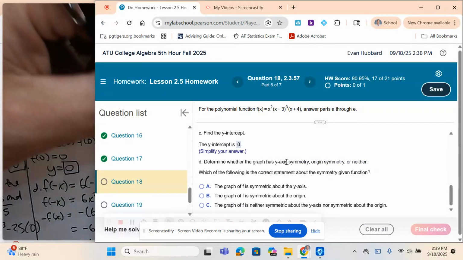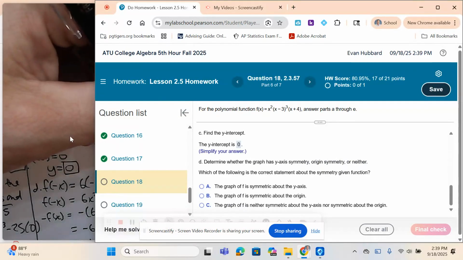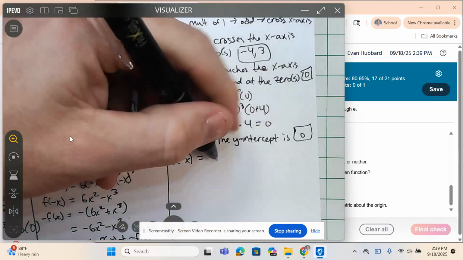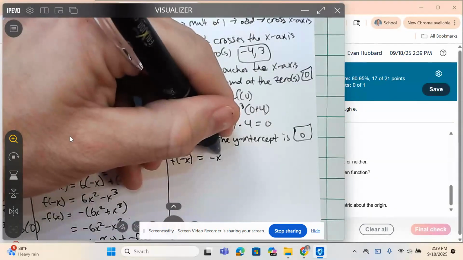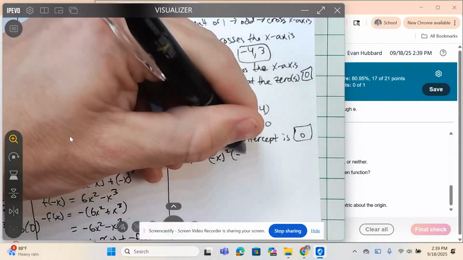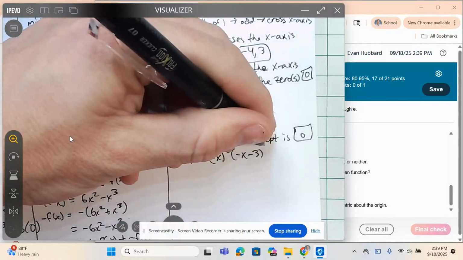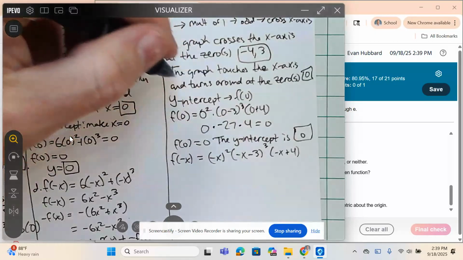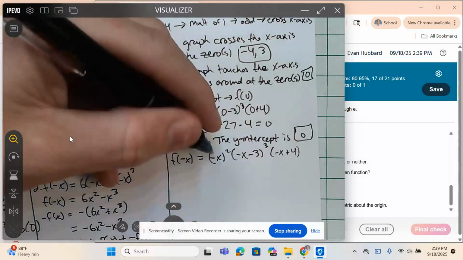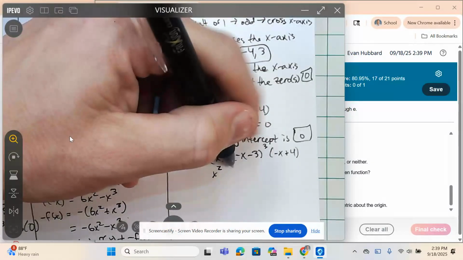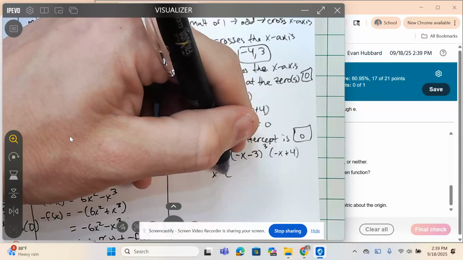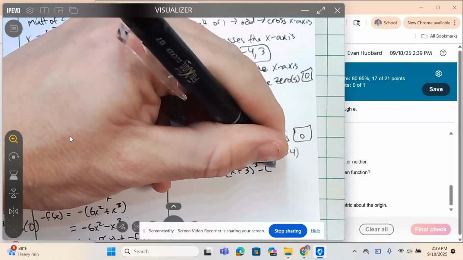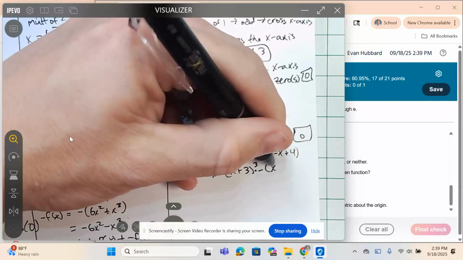All right, determine the symmetry the graph has. So I'm going to do f of -x, which would be -x squared, -x minus 3 cubed, and then -x plus 4. Okay, and so this is going to be x squared, times -x plus 3 cubed, and then -x minus 4.